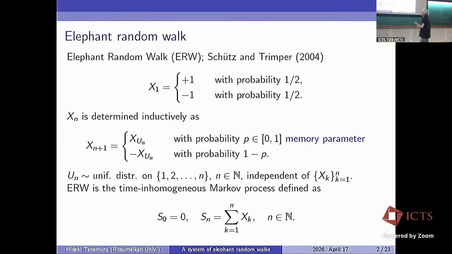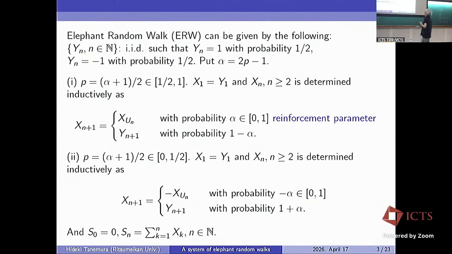And there is another representation of this. Instead of the memory parameter p, we use alpha equals 2p minus 1. It is called the reinforced random walk. Yn is IID, such that Yn equals 1 with probability half, and Yn equals -1 with probability half.